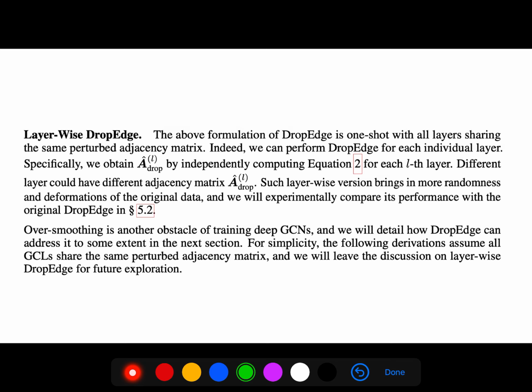Different layers could have different adjacency matrices. Such a layer-wise version brings in more randomness and deformations of the original data. Oversmoothing is another obstacle of training deep GCNs, and we will detail how DropEdge can address it to some extent in the next section.